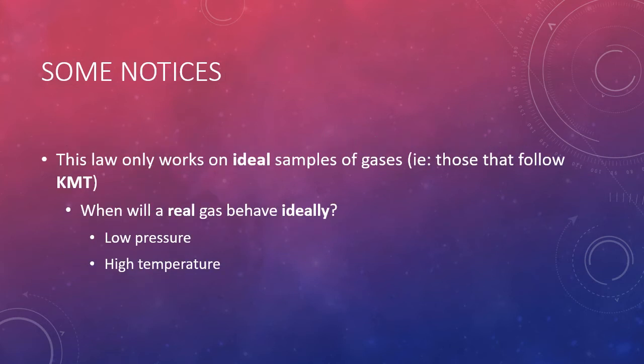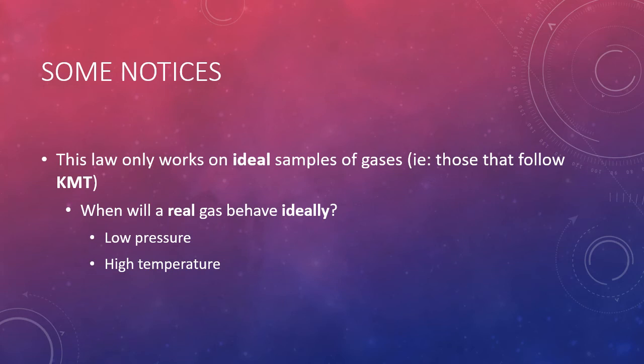A quick notice. This law only works on ideal samples of gases, which would be those that follow kinetic molecular theory. Generally speaking, a real gas, one found in our real world, will behave most like an ideal gas when there is low pressure and high temperature.